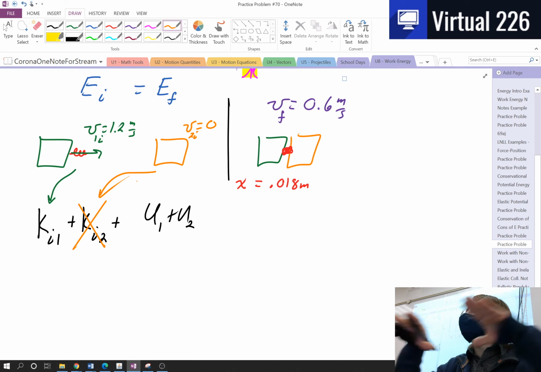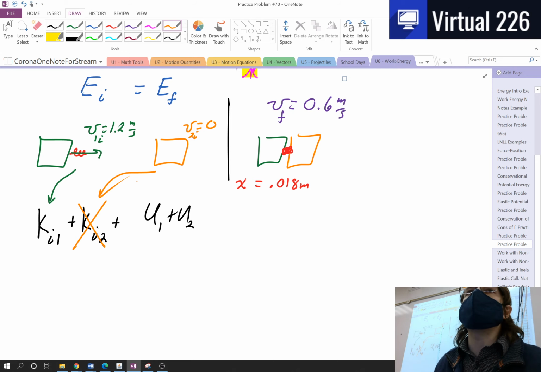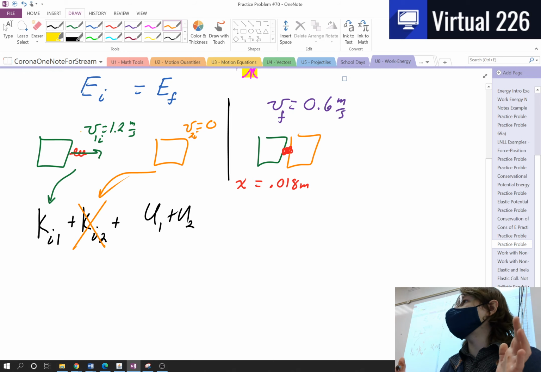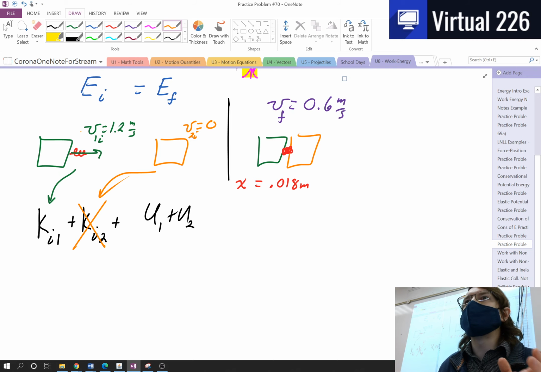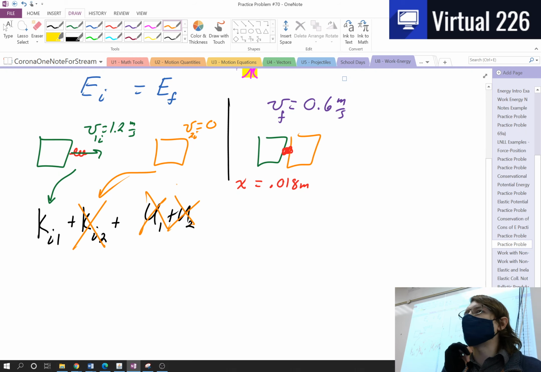We're on a horizontal surface, so we don't care about the potential due to gravity. And in the beginning, the spring isn't compressed or stretched at all, so it doesn't have a potential energy either. It's doing nothing.